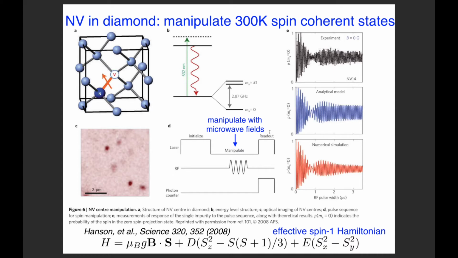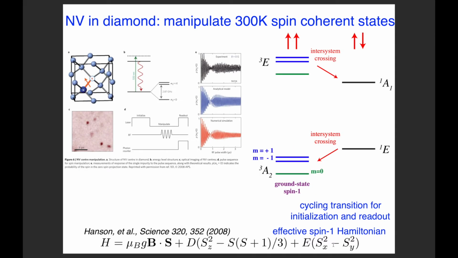And so the results of that are indicated on the right here with the experimental results, with an analytic model, and with a numerical simulation, all of which are described in this reference here. And there is an effective spin 1 Hamiltonian for this, which is indicated down below. It includes a Zeeman term, it includes a zero field spin splitting term, this middle term here, as well as a term that couples to strain and electric fields.